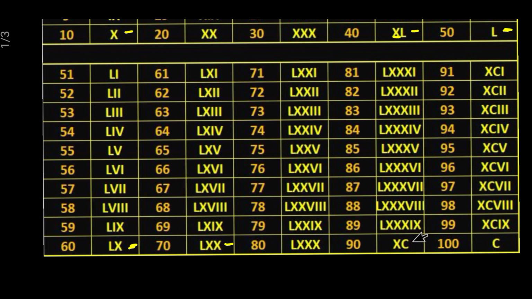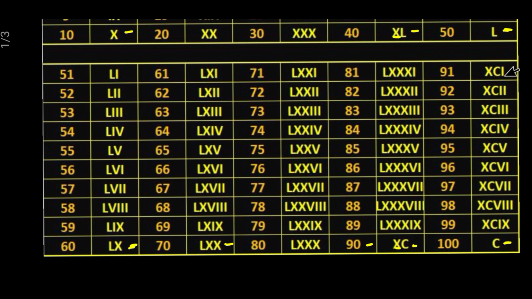For 90, what will happen is that we would have to write X 4 times. So instead of that we have picked C for 100, and we have put X before C. So what it means is 100 minus 10 is equal to 90.